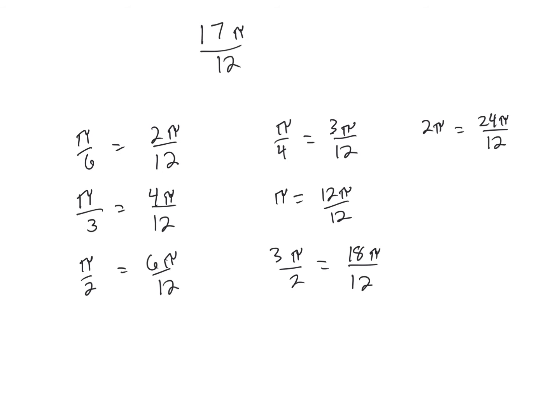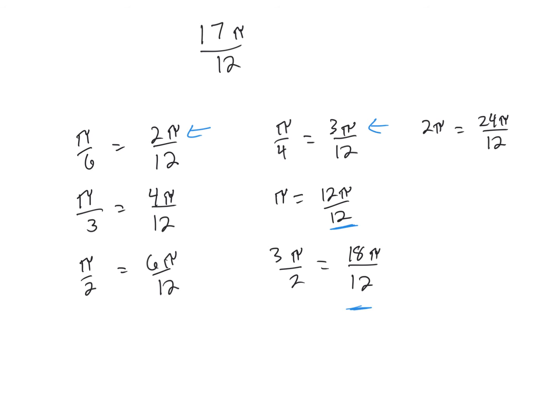So let's analyze what 17 pi over 12 means. In terms of twelfths, I noticed that it lands between pi and 3 pi over 2. So 12 pi over 12, if I added 5 more, that's 2 pi and a 3 pi, will give me 17 pi over 12.